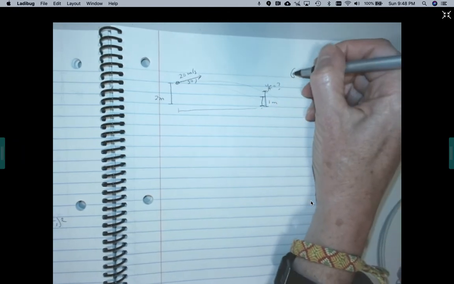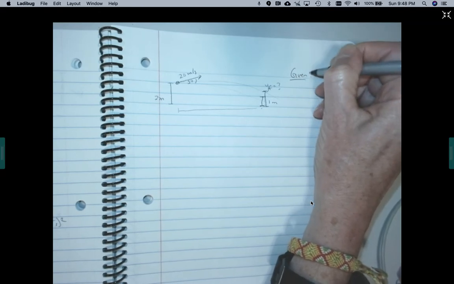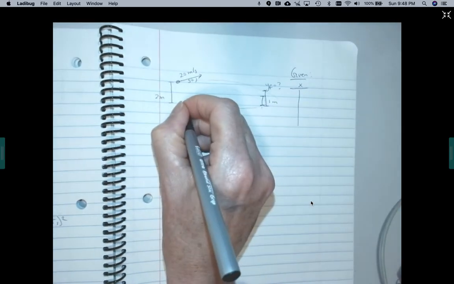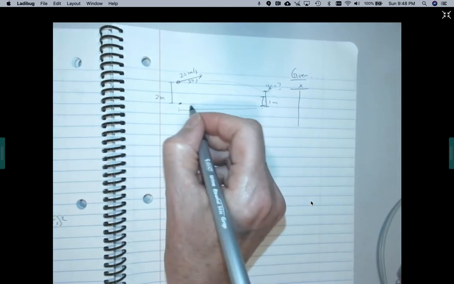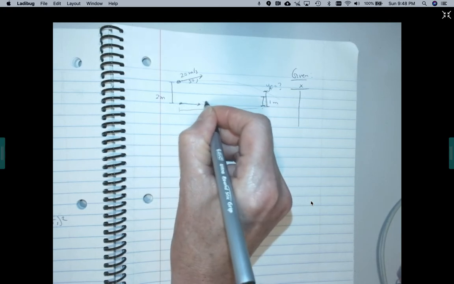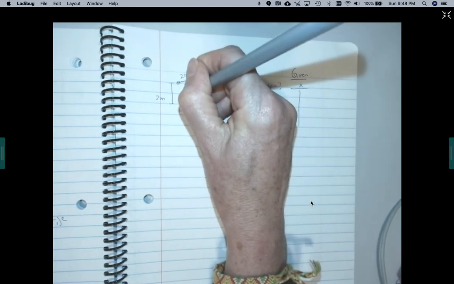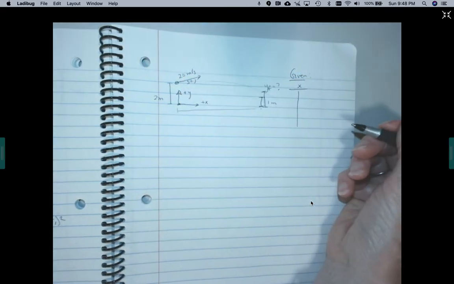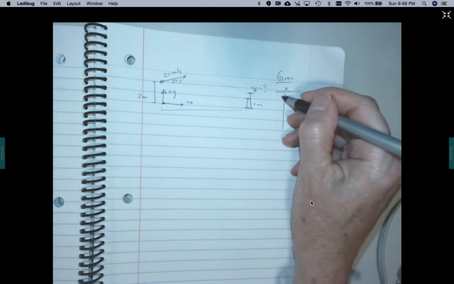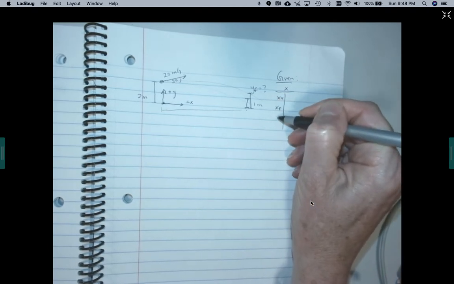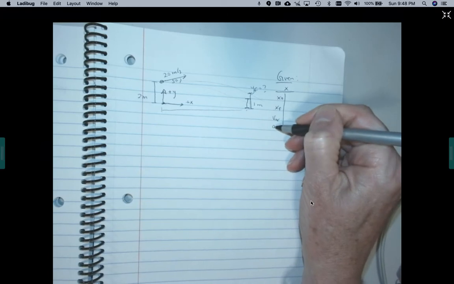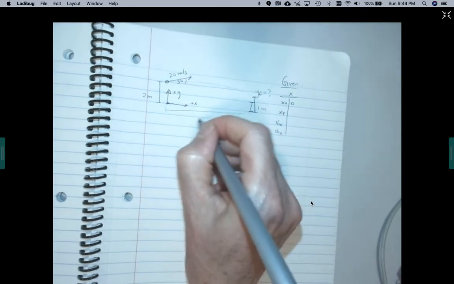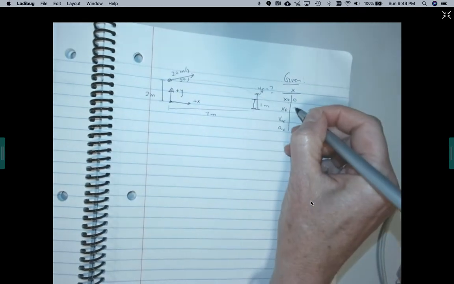Okay, so let's list what we're given here in the x direction. I'm going to put my coordinate origin right where the ball is hit, down at ground level. So this is plus x, and that is plus y. We have our initial x, our final x, our v0x, and our ax. X initial is 0. X final is going to be 7 meters.